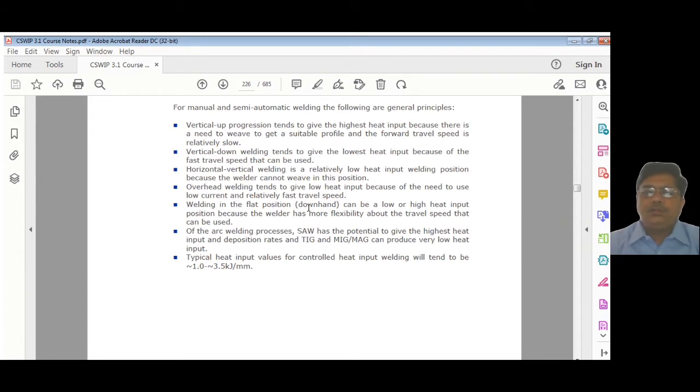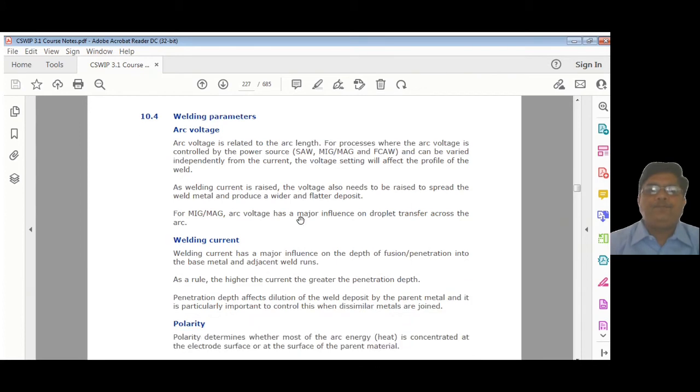So it has the highest deposition rate also because of this high heat input. TIG, MMAW and MIG-MAG can produce very low heat inputs also. Typical heat input values for controlled heat input welding will tend to be in the range of 1 to 3.5 kilojoules per millimeter. This you must remember, that heat input typically will vary between 1 to 3.5 kilojoules.